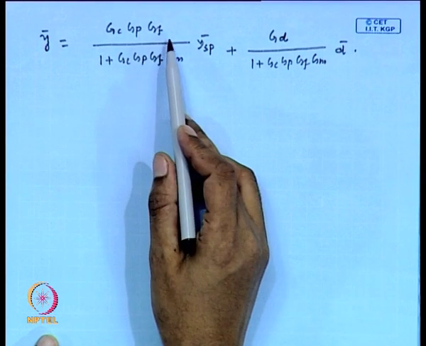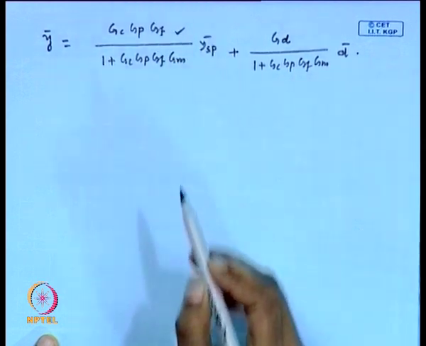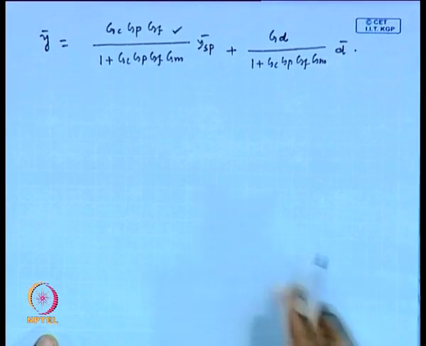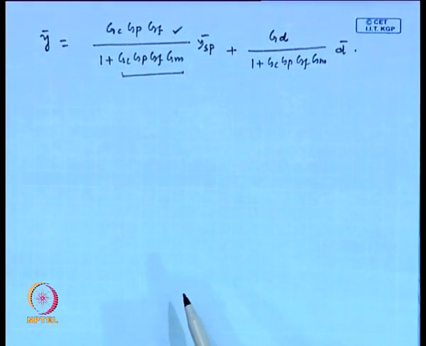We will use this transfer function mostly in the analysis of different features. Fine. You see here the transfer function of measuring device does not exist in the numerator, and in the denominator, in this term particularly, all the transfer functions are included. All the individual transfer functions are included in the denominator. Fine.